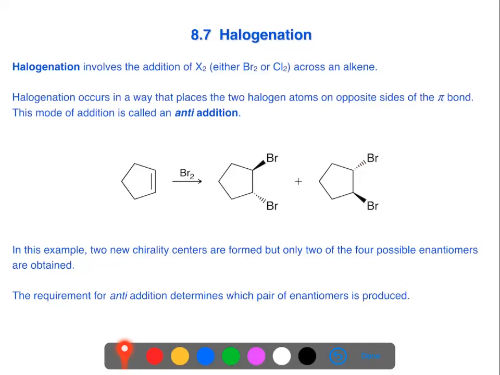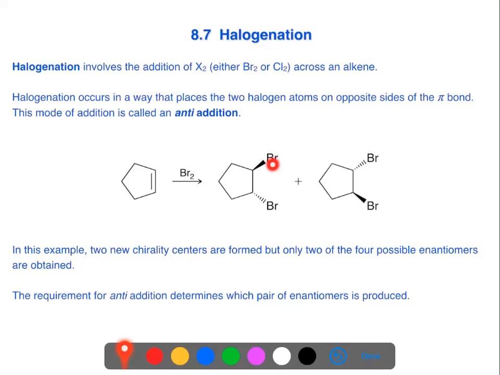When we have two chiral centers formed, and these are the two chiral centers in each of those structures, we only observe two of the possible four enantiomers. We do not observe the dibromocycloalkane in which the two bromines are on the same side of the ring system.